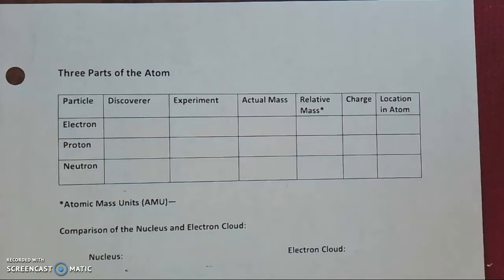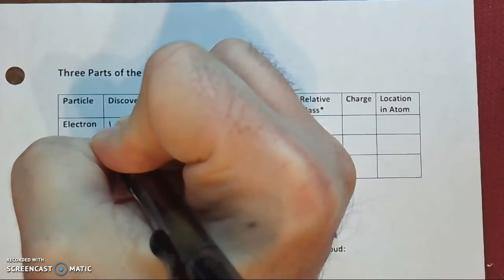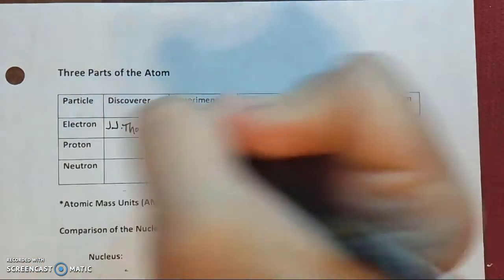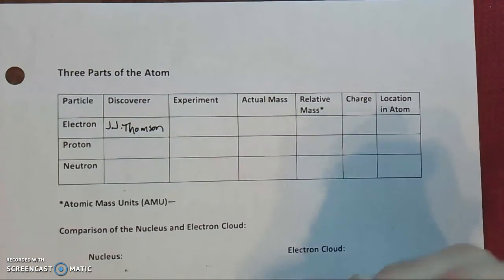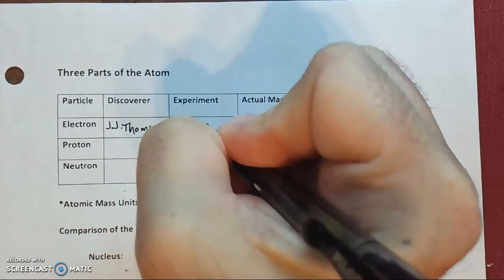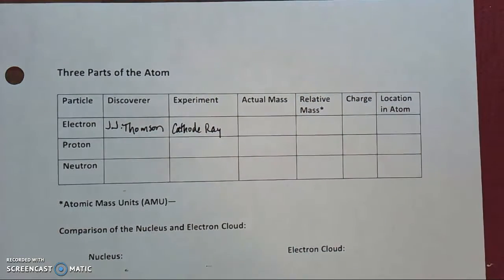So our first particle is the electron, and the person who discovered it is J.J. Thomson. And he discovered it in an experiment called the cathode ray experiment. Cathode ray tubes are a physical structure, and if we were in person, I would be able to show you what one of these looks like because I have one in my classroom.